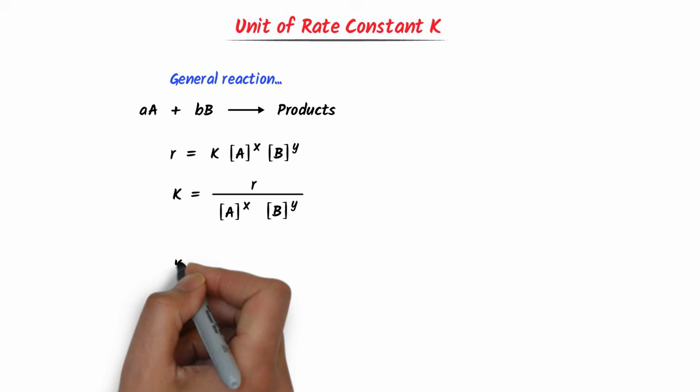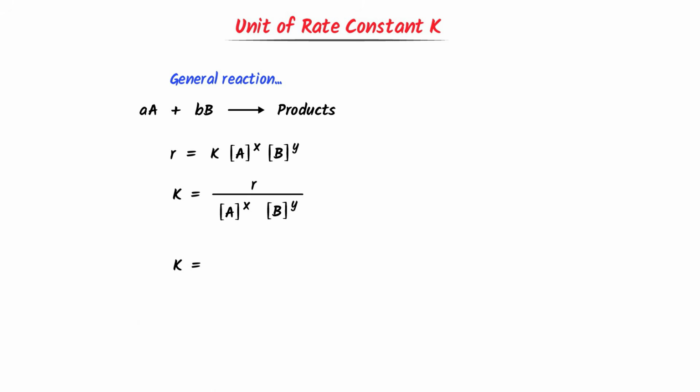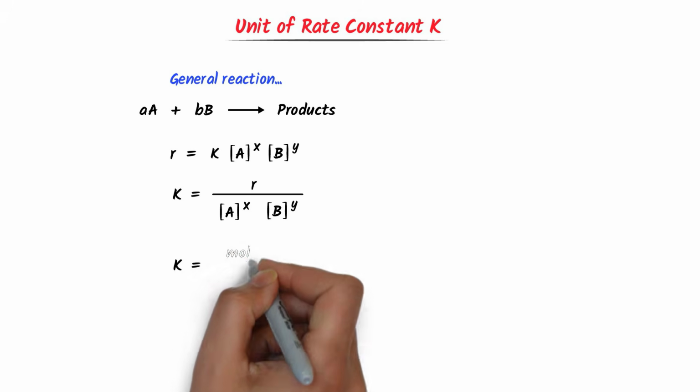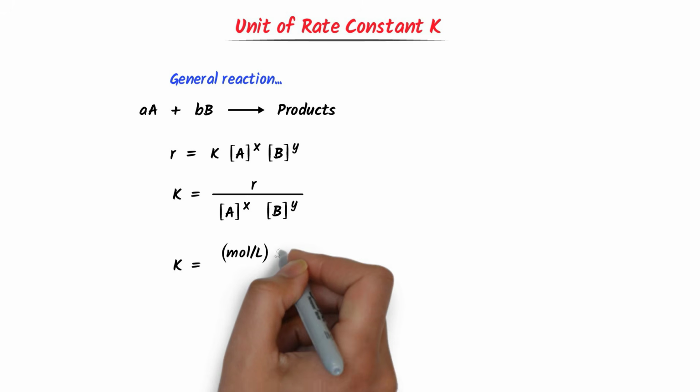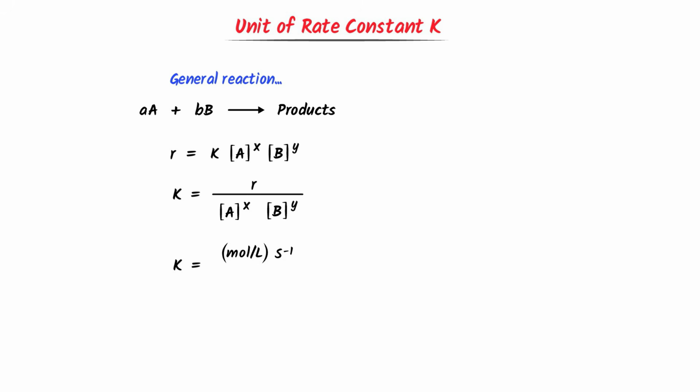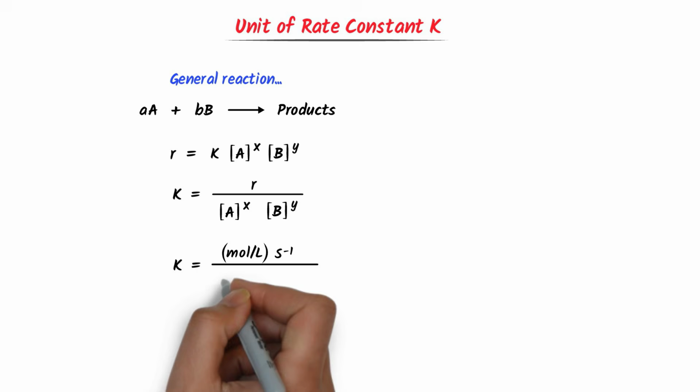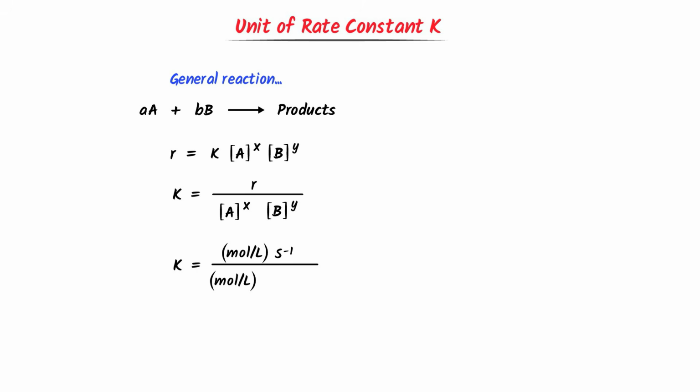I write k equals: the unit of rate of a reaction is mole per liter per second. Remember that I write per second outside. Upon the unit of concentration is mole per liter, times the unit of concentration is again mole per liter.